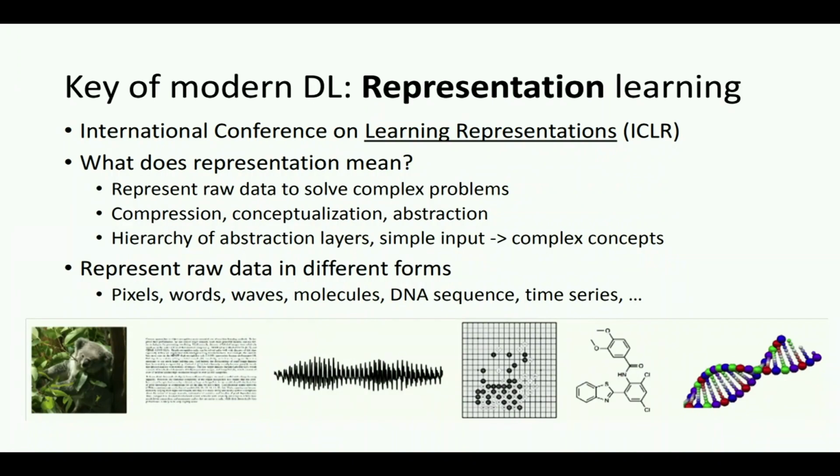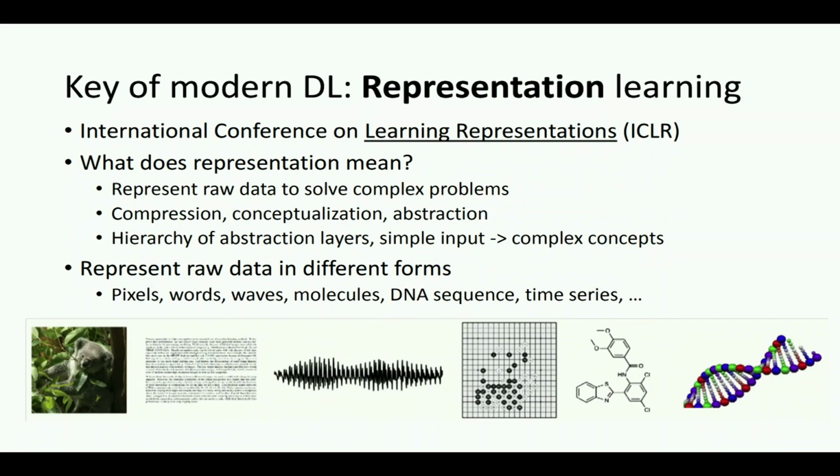But what does representation really mean here? It's a vague concept that everyone has heard about, everyone's talking about it. But I don't think there's one answer. In general, it means the process of converting or representing raw complex data to solve problems, where when we represent this data, we use a hierarchy of abstraction layers.